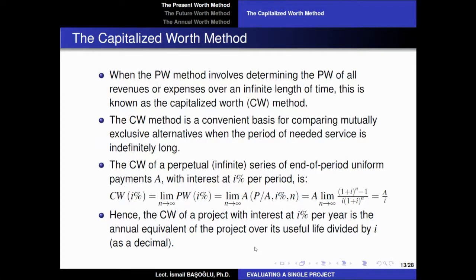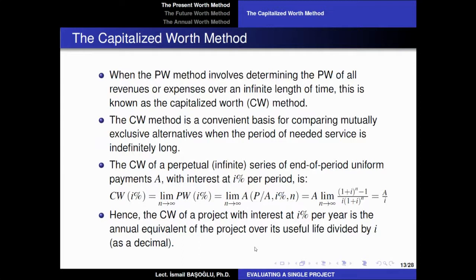The initial construction cost of the bridge is $1.9 million, and the annual upkeep is estimated to be $25,000. So in the end of every year, we need to pay $25,000 for the annual upkeep. And in addition to annual upkeep, major maintenance work is anticipated every 8 years at a cost of $350,000 per occurrence.